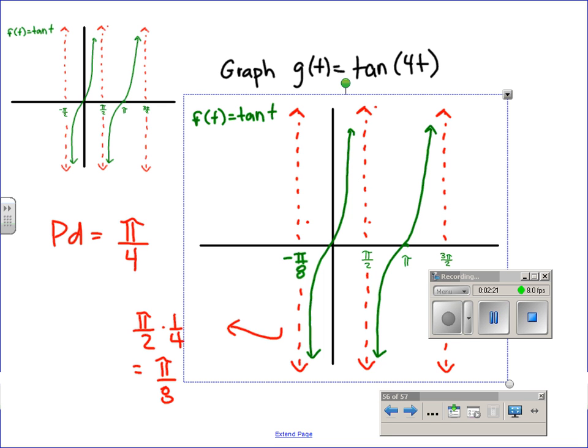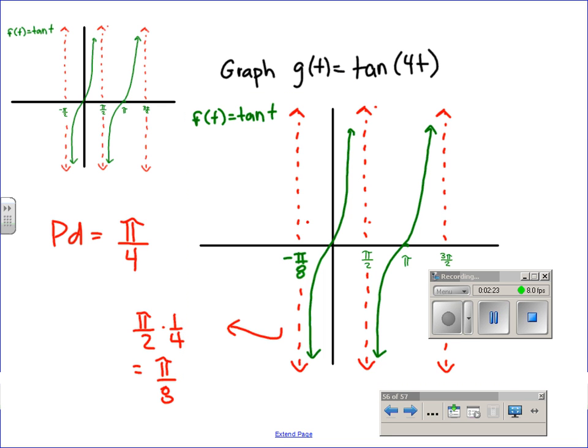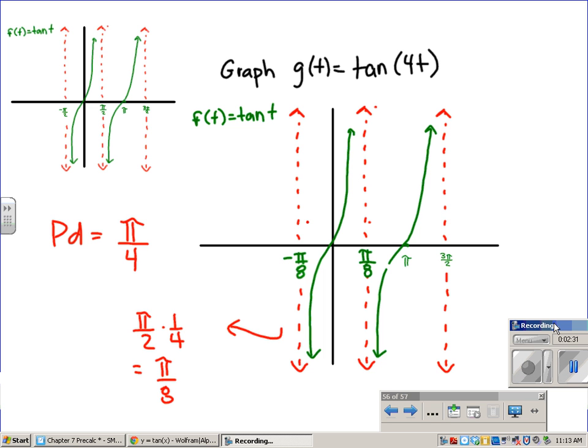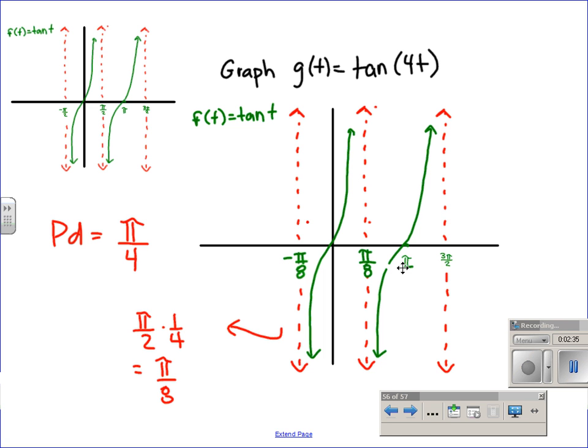So this one is positive pi over 8. And that's also going to change the rest of these. In this case, you just have pi, and like I said before, we divided by 4, so we're going to divide that by 4, so we know we have an x-intercept at pi over 4. And then this 3 pi over 2 also, this asymptote is going to change.